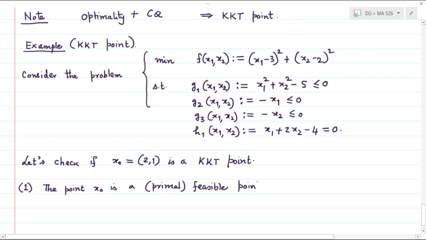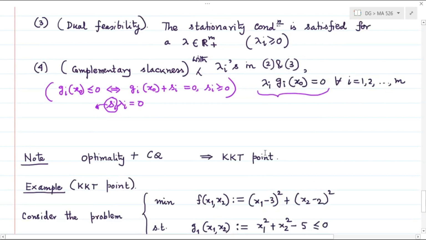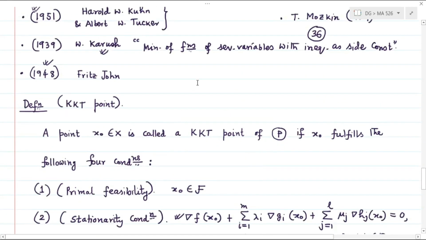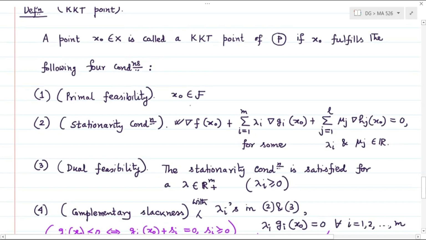Now you might ask this question. You might have asked while defining the KKT point why I refer not just to feasibility but to primal feasibility. Primal, and here again a dual, we'll find that there is a close association of the Lagrange multiplier function with the KKT optimality condition.